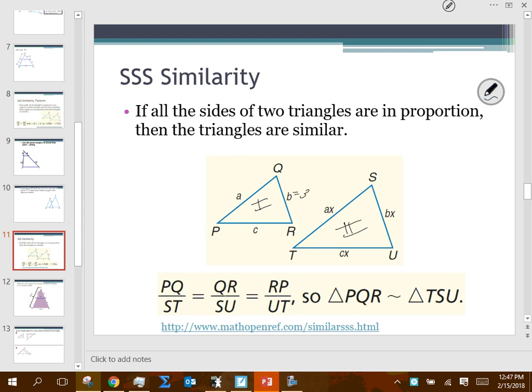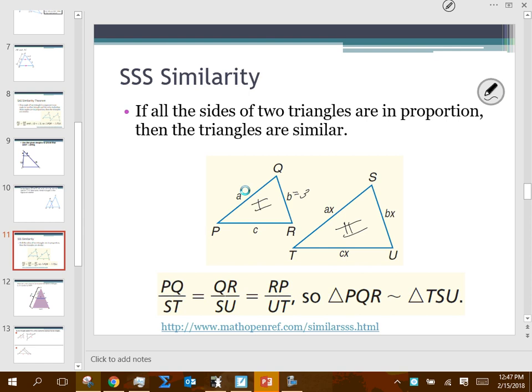No matter how much bigger or smaller the triangle on the right is, no matter how much I multiply 3 by, I'm going to multiply every other value by the same thing. So let's just throw in some random values.